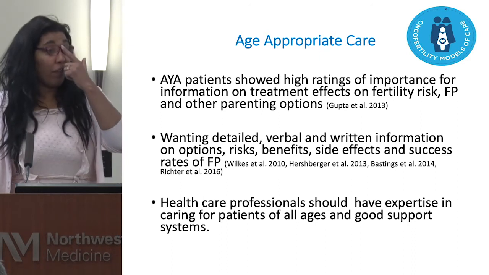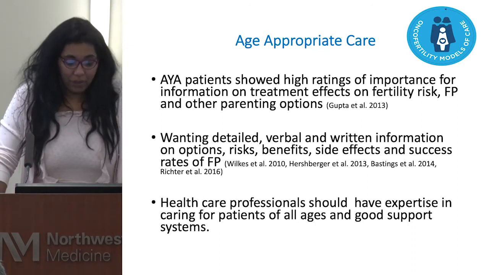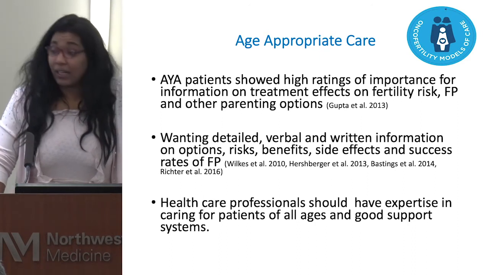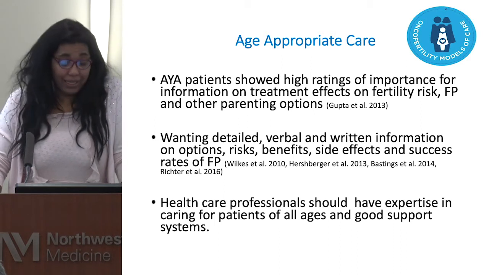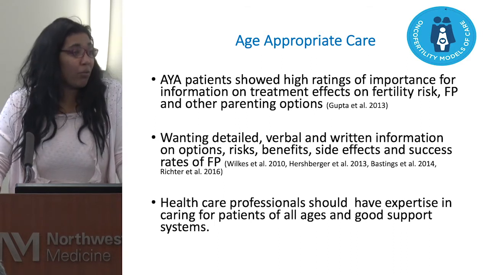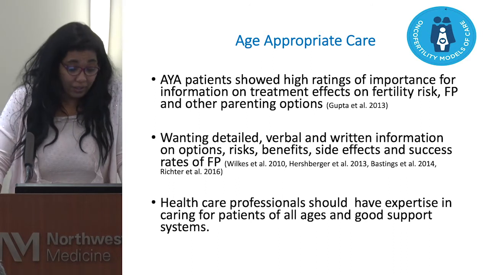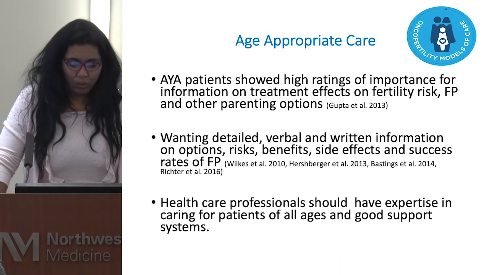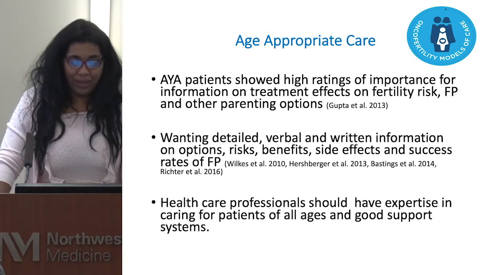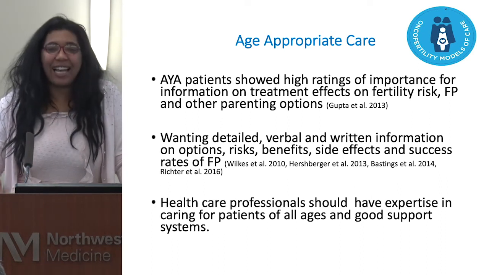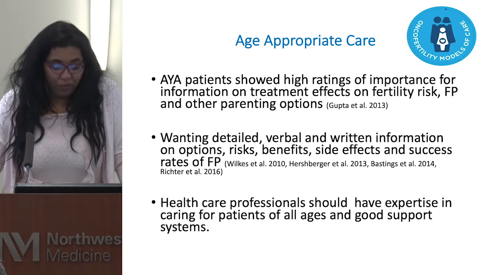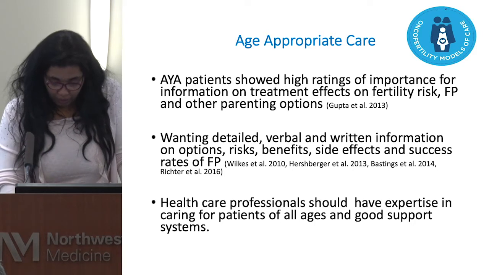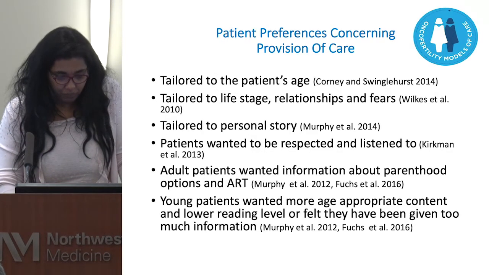They wanted the information to be detailed, but to be understanding, and like any adult patient who had cancer, they wanted to hear about the risks, the benefits, the side effects, and the success. And they wanted to hear it from people who had expertise, could understand them from an age-appropriate point of view, and they wanted also support.